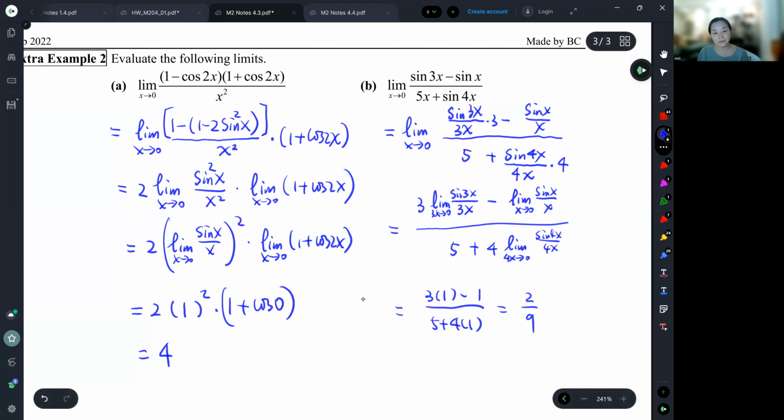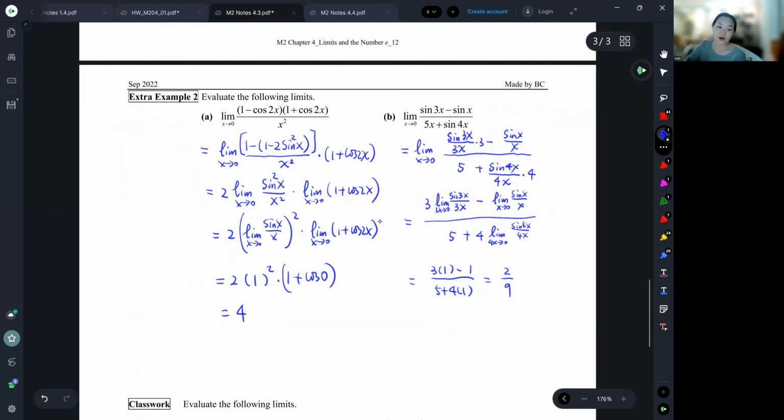So part B, I think it's not entirely the same. You see? Now in this session, although it's type 1 limits, because you have trigonometry in it, you can only solve it when you change it to sine x over x.